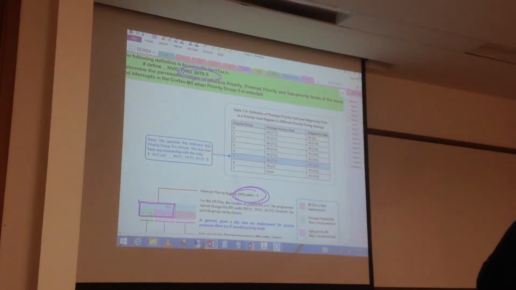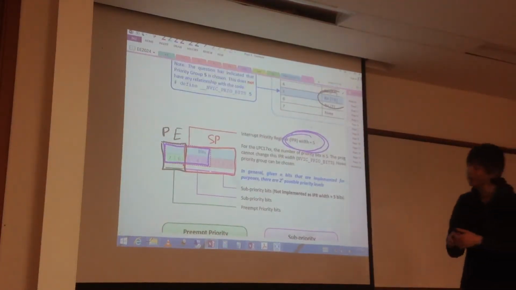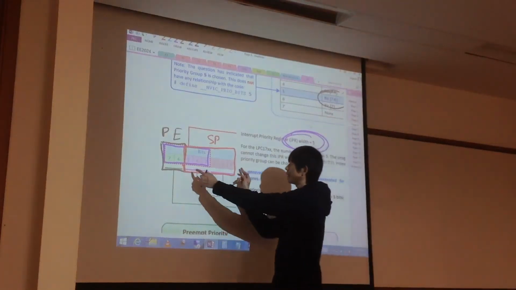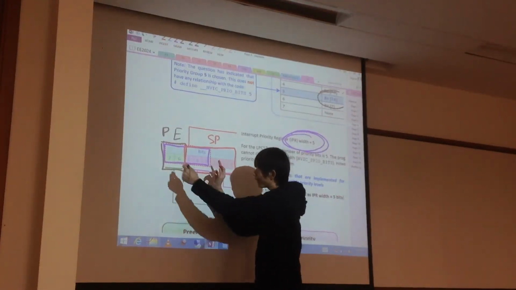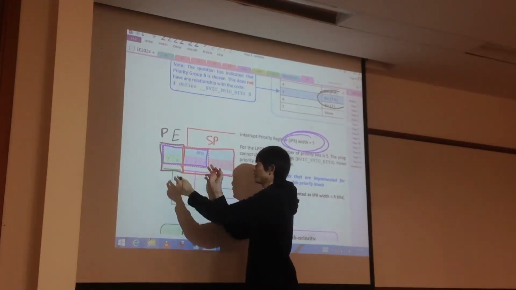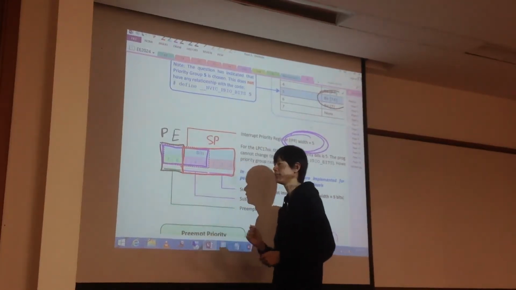Okay, let me use another color. Bit 5 to 0 is sub-priority, and bit 7 to 6 is preempt priority. So if we look at it, our IPR width is 5, so we consider only these 5 bits.